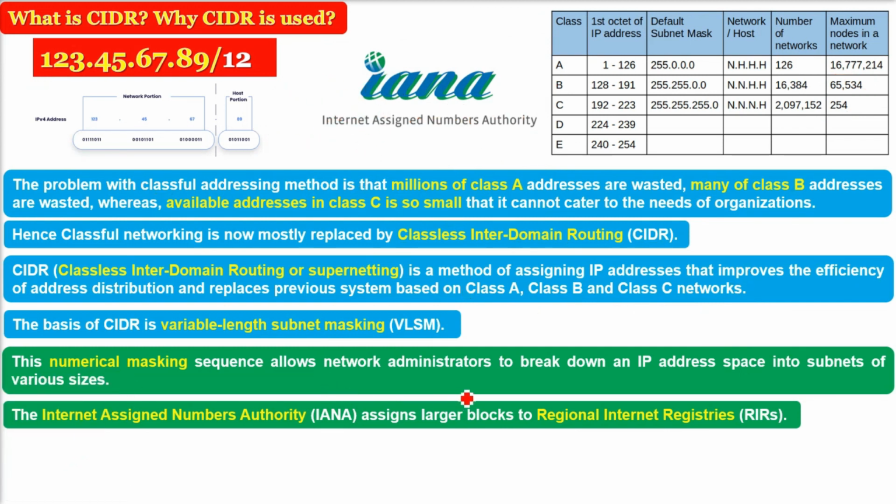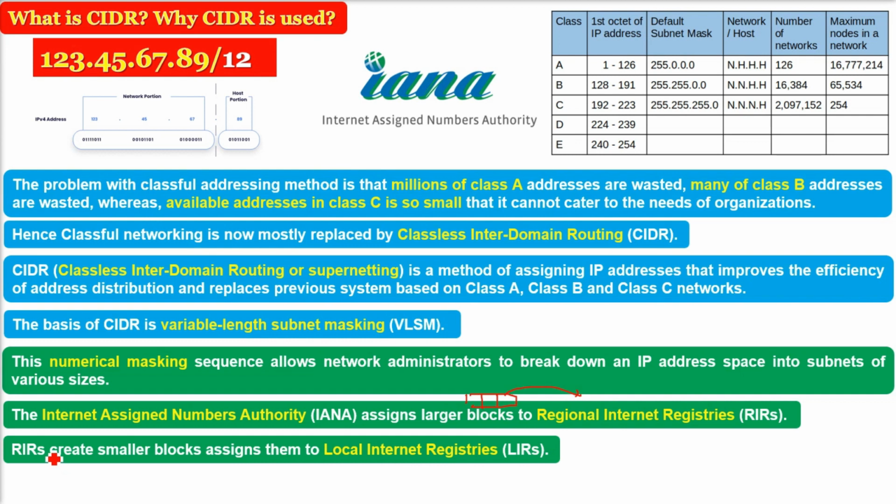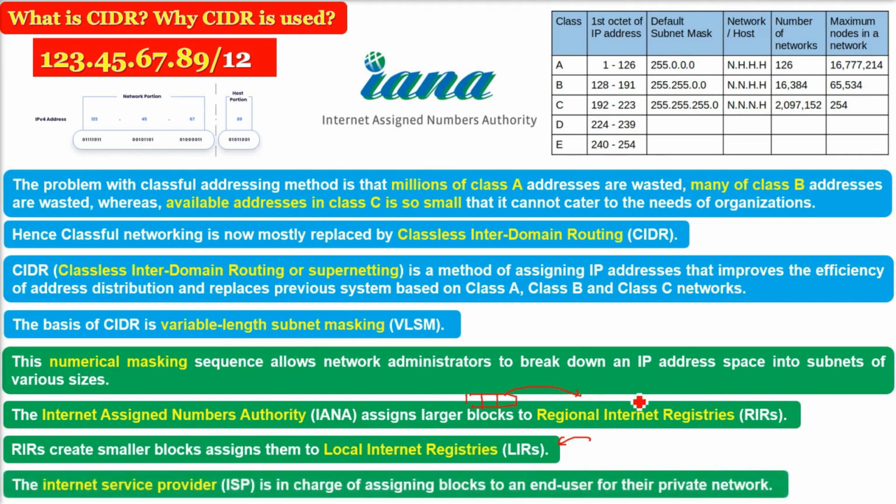IANA assigns the larger blocks to RIRs, the Regional Internet Registries. In turn, the RIRs create smaller blocks and assign them to LIRs, local internet registries.